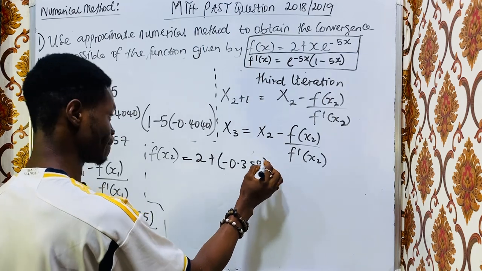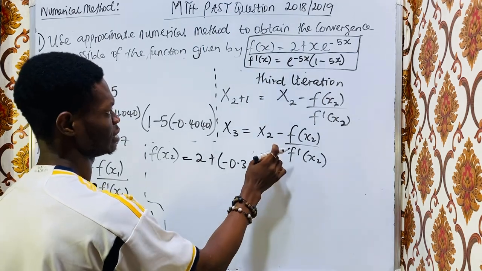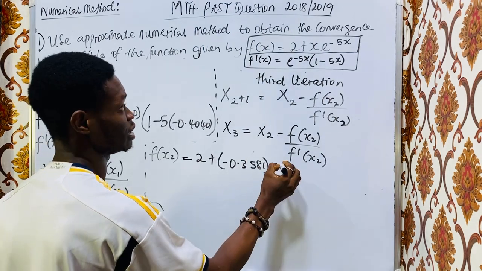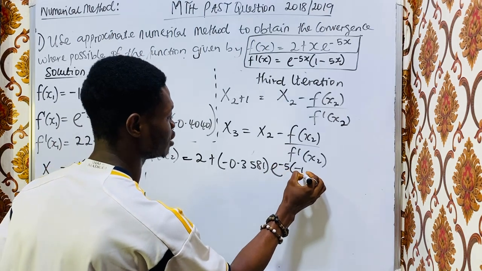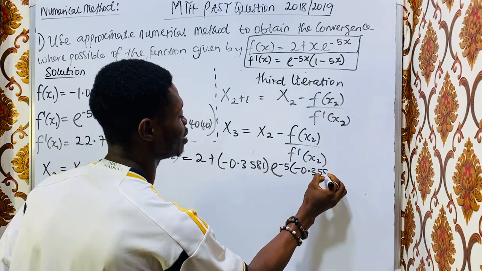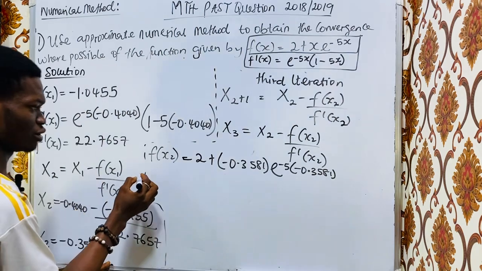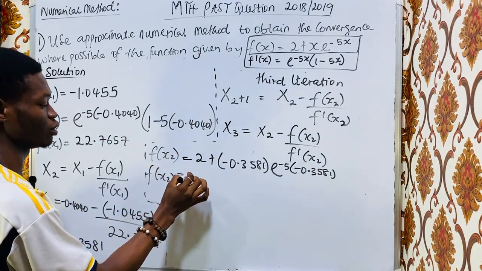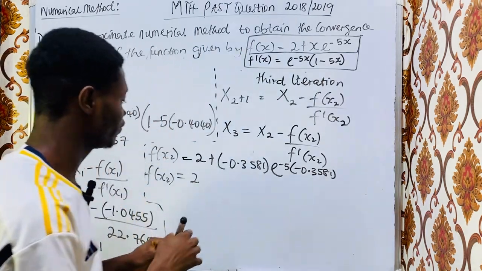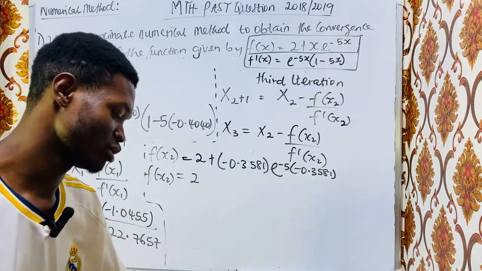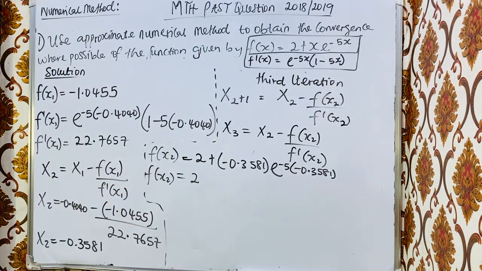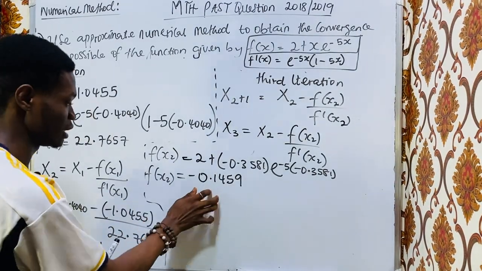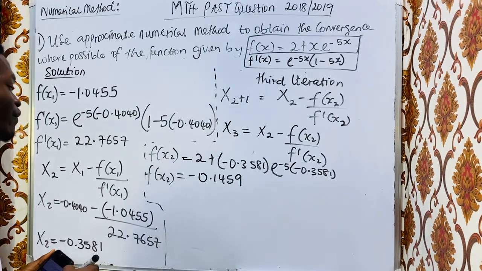Then exponential negative 5 times negative 0.3581. So f of x2 gives 2 plus this. If you do this well with the calculator, the value you are going to get is negative 0.1459.